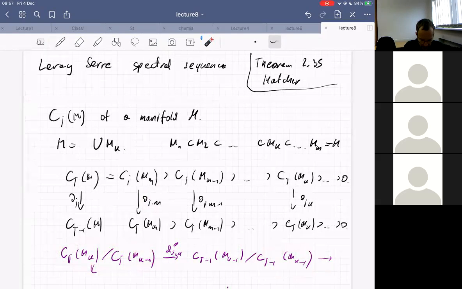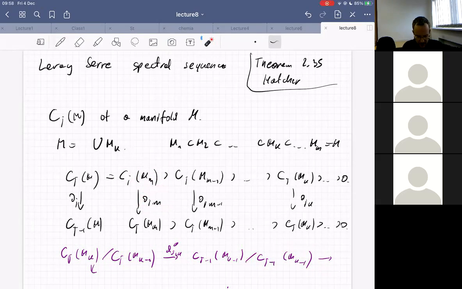Okay, if I have an element in here whose quotient is non-zero, but goes to 0 under this quotient map, then I can construct the map. Sorry, if I have an element in here that goes to 0 under this map, then maybe it comes from an element in here that is mapped to this space, not just to 0 under this map.